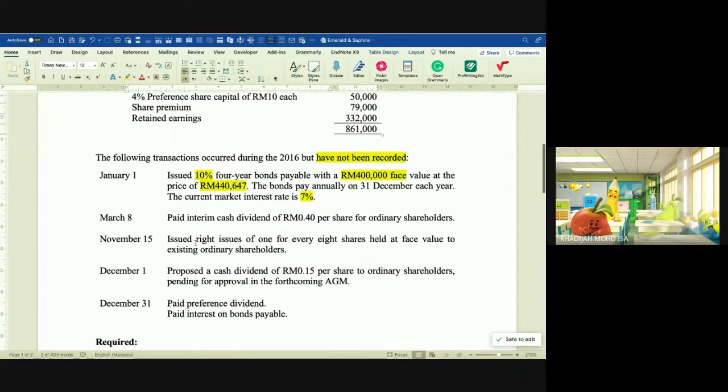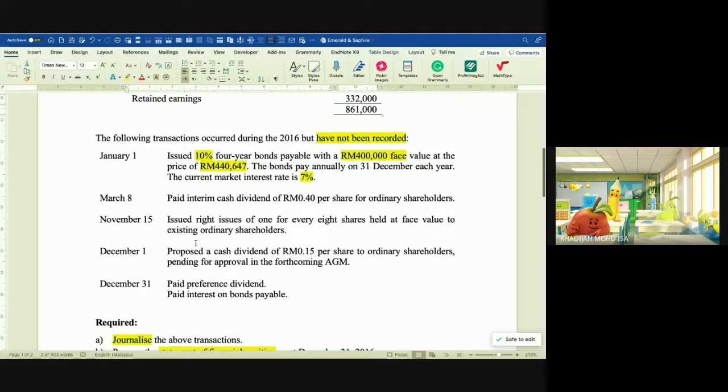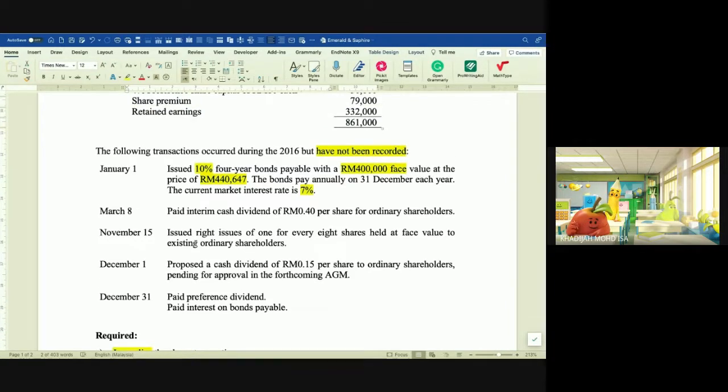Okay, November 15, issue of 1 for every 8 shares held at face value to existing ordinary shareholders. So now you have to determine how much is the shares, the bonus, the rights issue. In this case, it's a bonus issue, isn't it? 1 for every 8 shares.